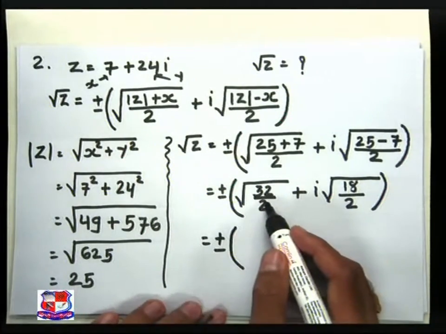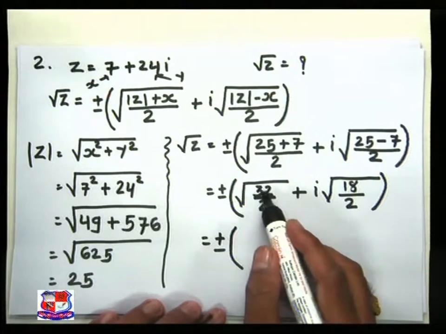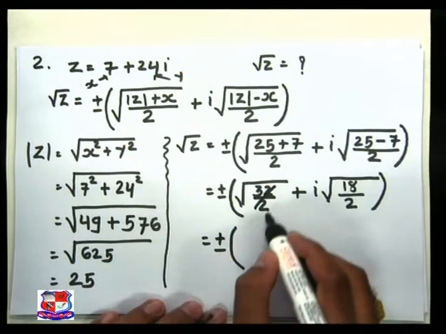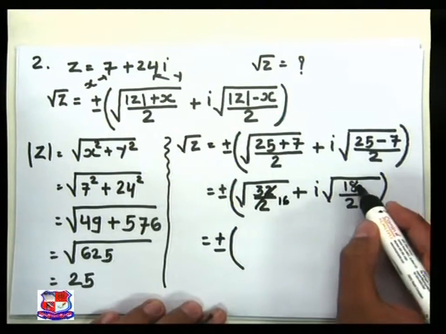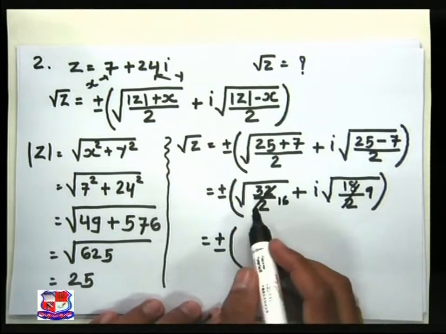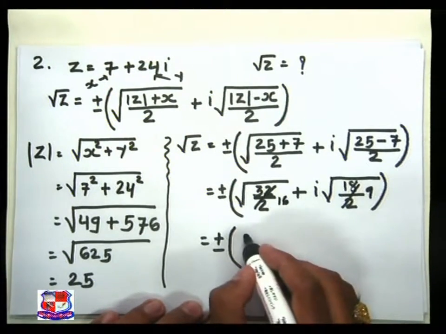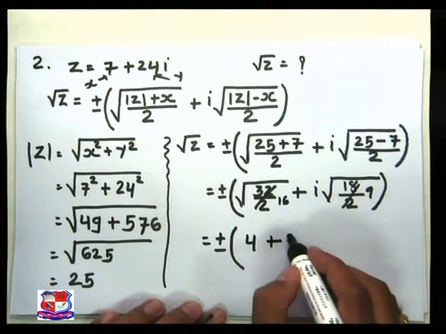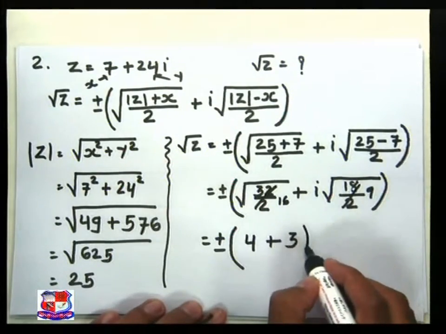Now again we simplify. Under root of 32 divided by 2, so this is nothing but 16, so under root of 16, and here under root of 18 divided by 2, that is 9. Now under root of 16, that is nothing but 4, plus under root of 9, that is 3.